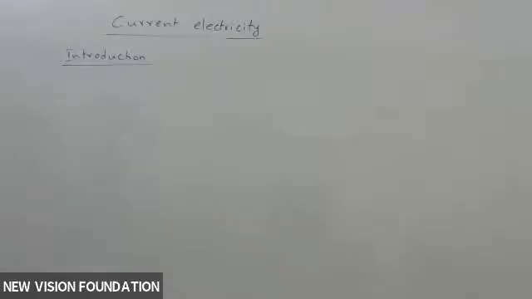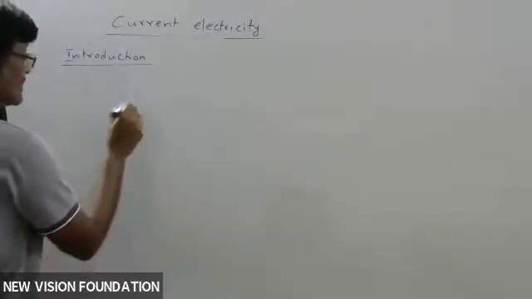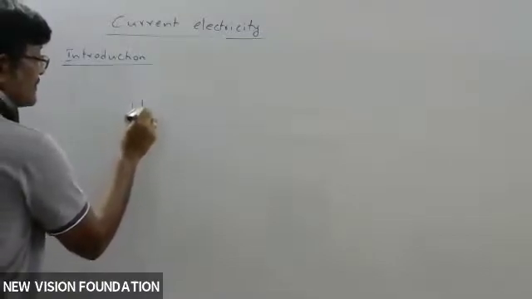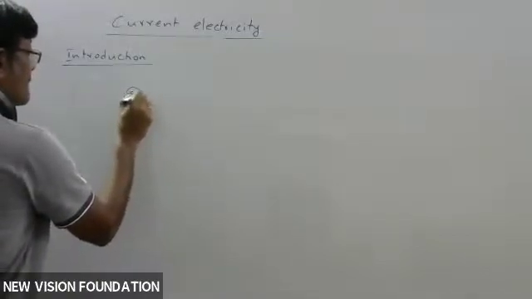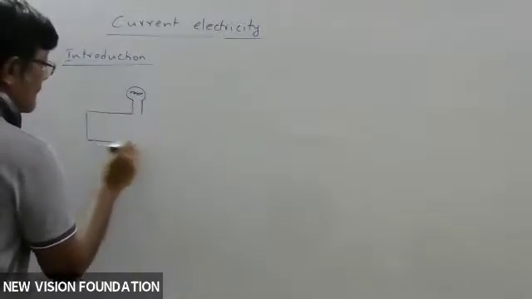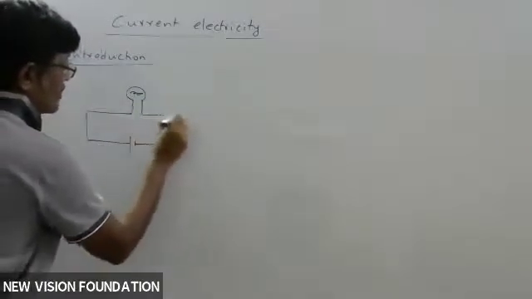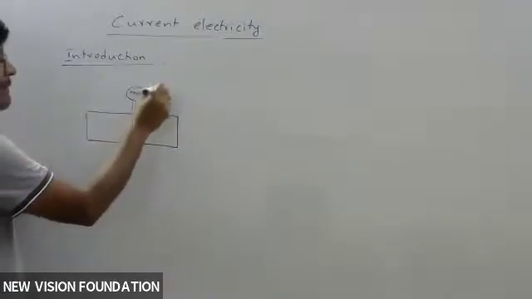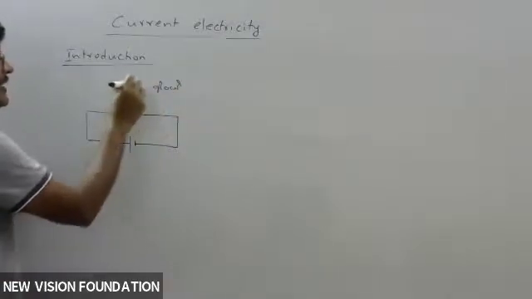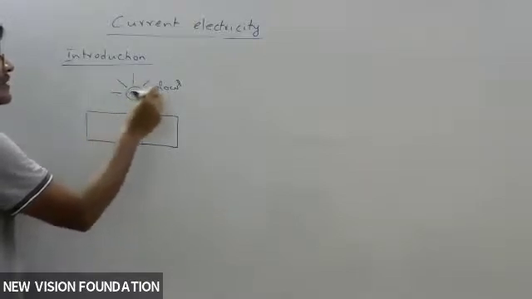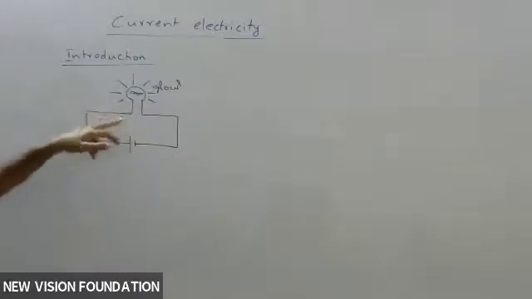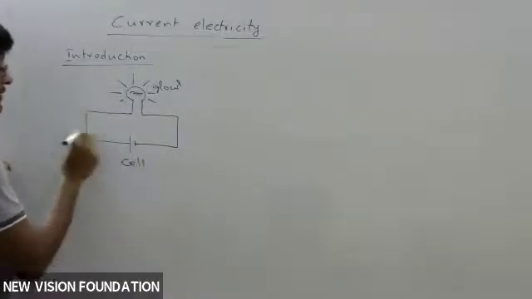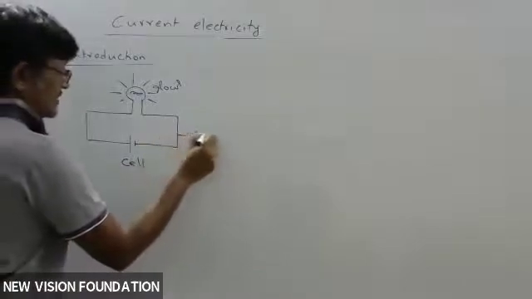So, in your previous class, you have studied that when a bulb is connected to a battery through conducting wires, then the bulb glows. It gives light energy in all directions when it is connected to the cell. This is the cell. These are connecting wires.